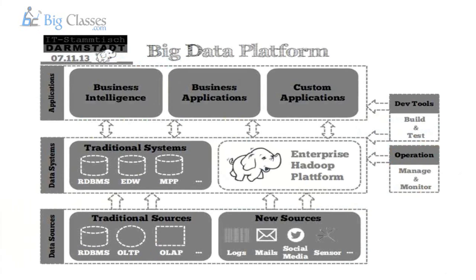What are these new sources? They are your structured along with unstructured and semi-structured data. All this data will be going into this Hadoop enterprise platform. Now you have integrated, or plugged, your Hadoop enterprise platform into this existing ecosystem.